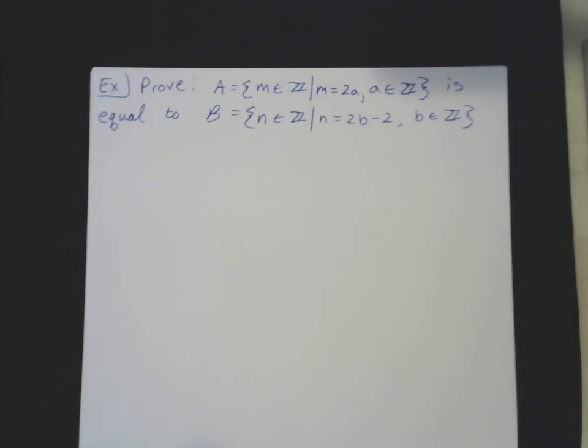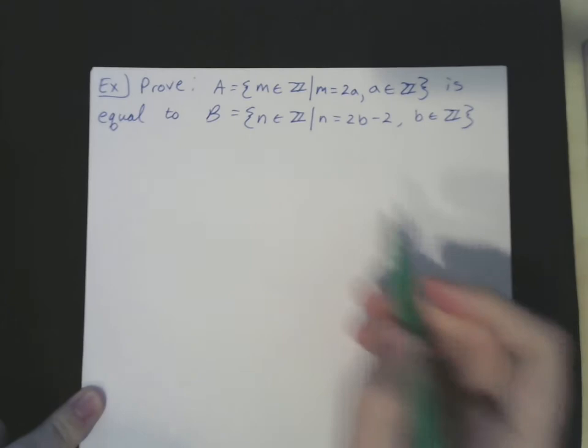So we need to show that A is a subset of B and B is a subset of A.